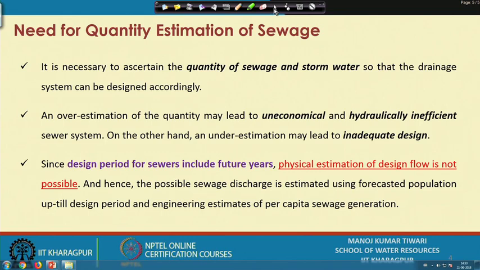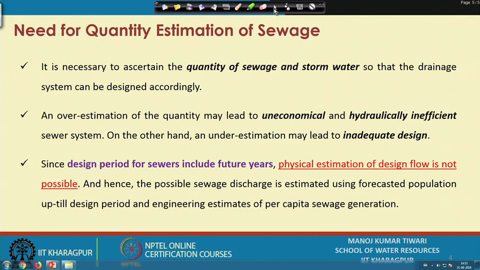Eventually we are going to expend a lot more amount than actually needed, and that makes our system uneconomical.